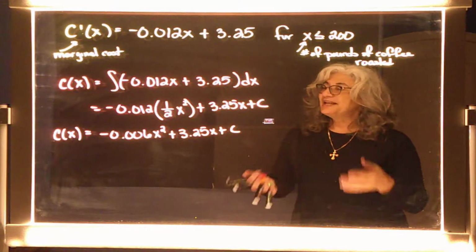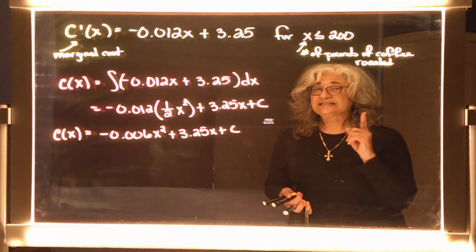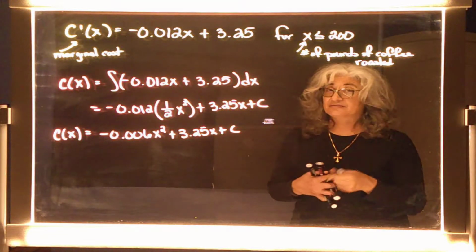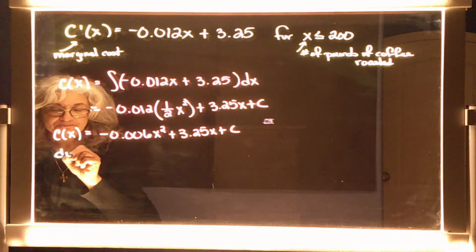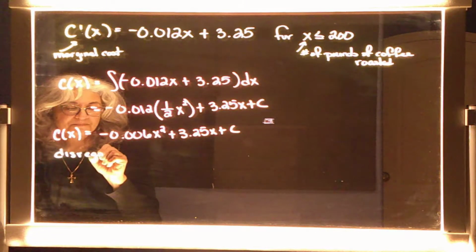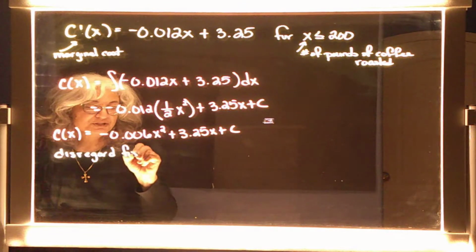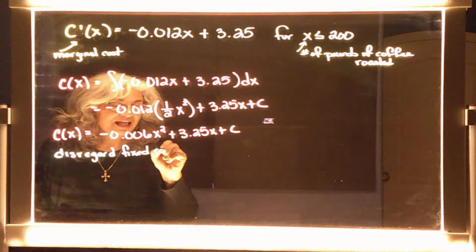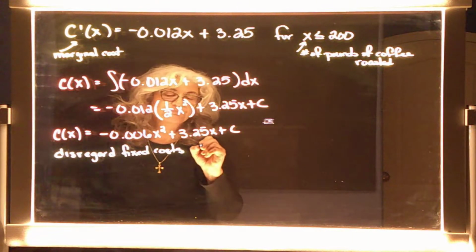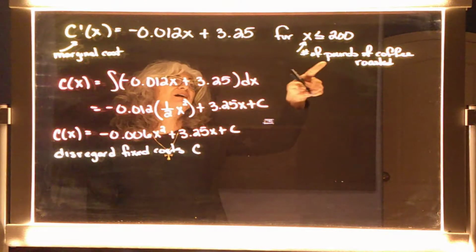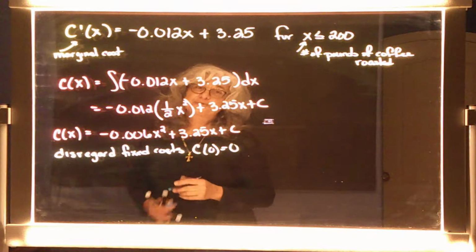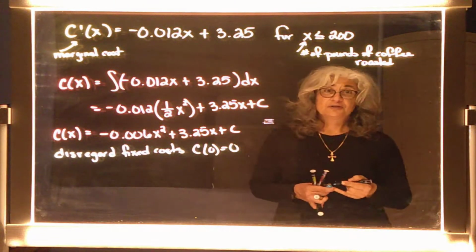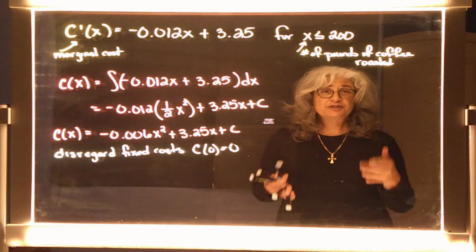Now, they did say disregard any fixed costs, didn't they? So remember what that meant from the last problem? If I'm disregarding fixed costs, that means the cost of 0 pounds of coffee is going to be 0.